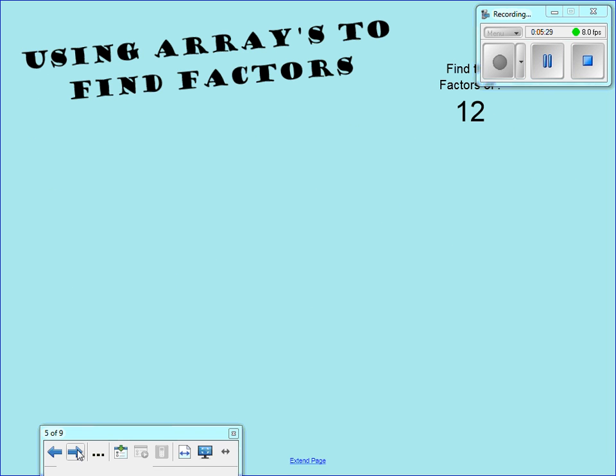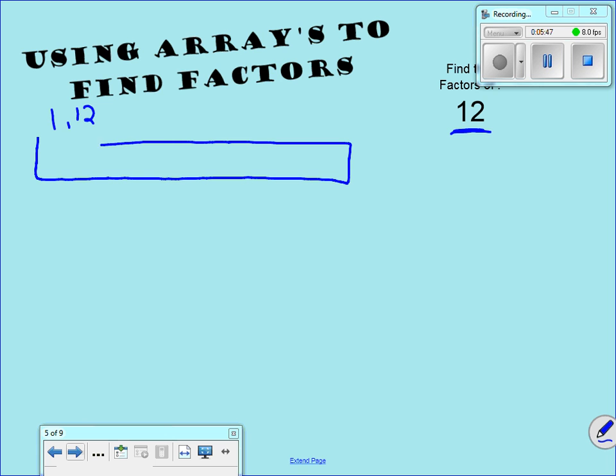So once again, we'll do this one more time to see how to find the factors of 12 here. We can start off with the basics, 1 and 12. So you'll have one long row. You have 12 dots inside of it. 1, 2, 3, 4, 5, 6, 7, 8, 9, 10, 11, 12.